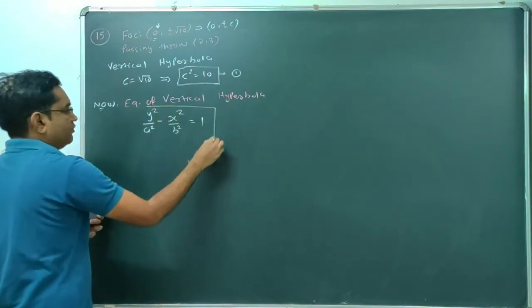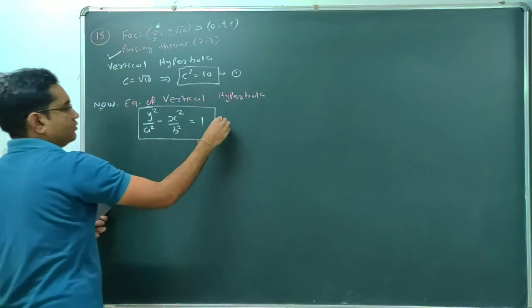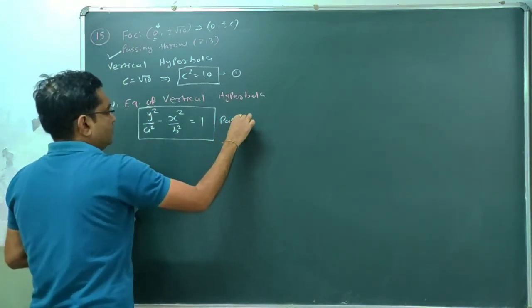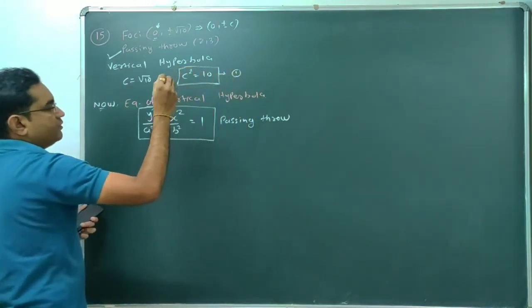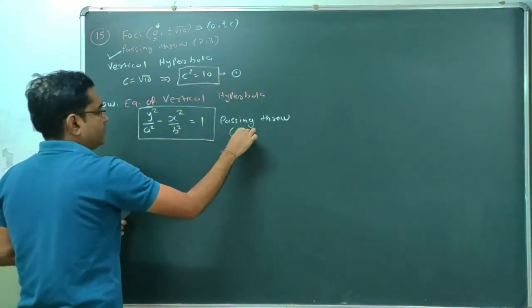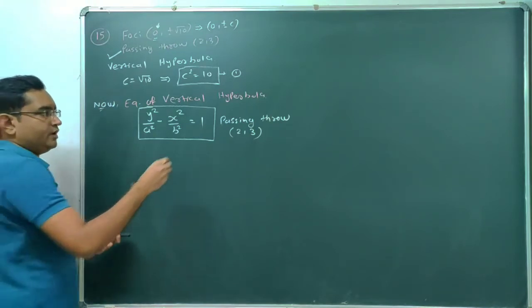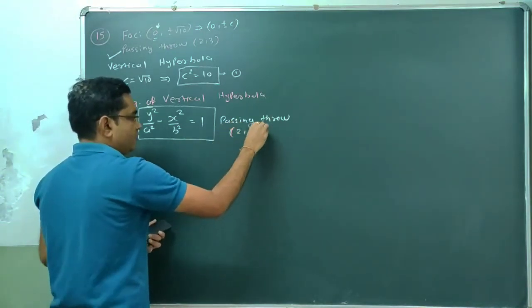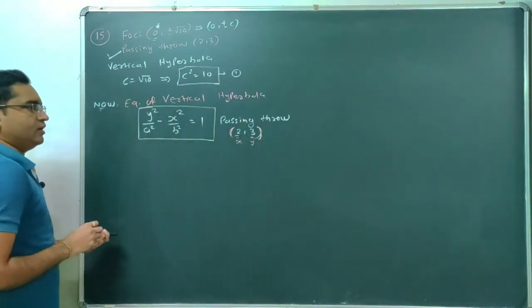This will be the equation of the vertical hyperbola. And according to our condition, the hyperbola is passing through the point 2, 3. So the coordinates of this point, which is x equal to 2 and y equal to 3, will satisfy the equation of this hyperbola. Done.